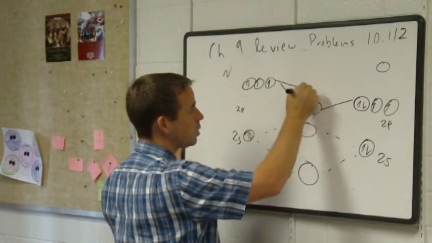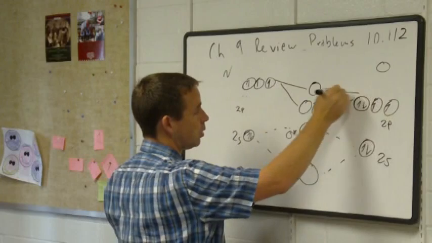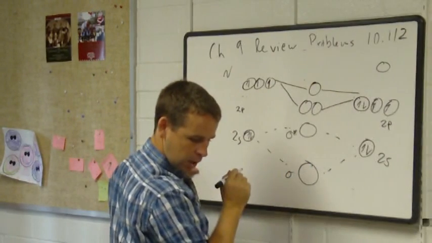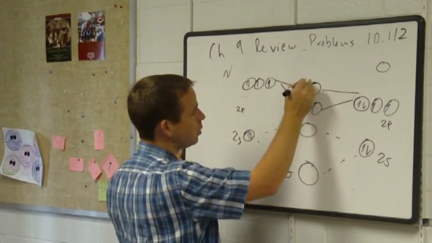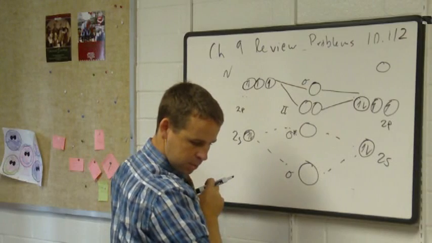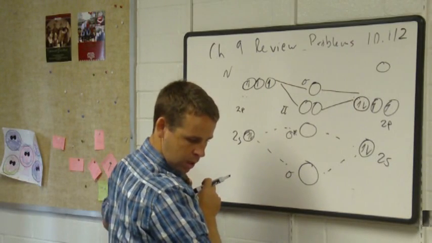And then 1 is going to interact in a second sigma. So here we have a sigma bond, and here we have our pi, px and py.